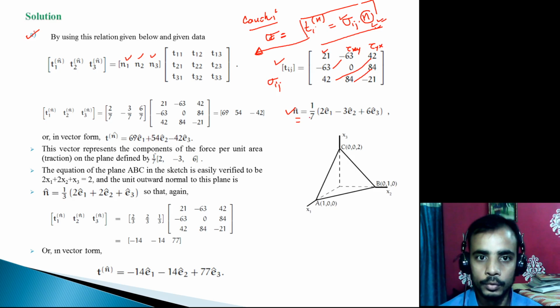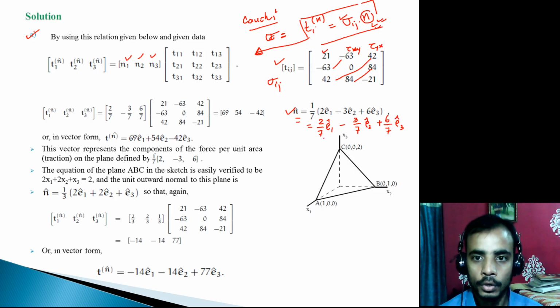So that is equal to 2/7, minus 3/7, and 6/7, that is 2/7 e_1 minus 3/7 e_2 plus 6/7 e_3. Okay, so these are the direction cosines because it is a unit normal.